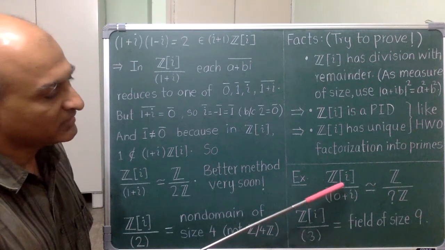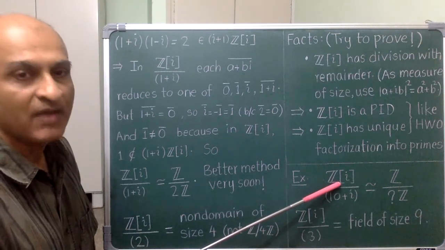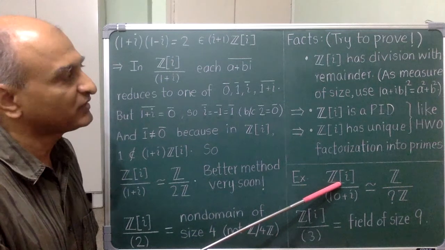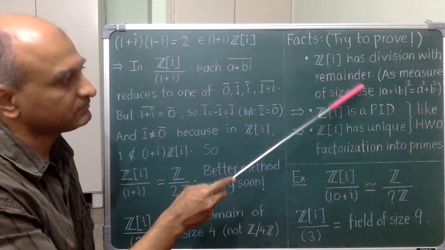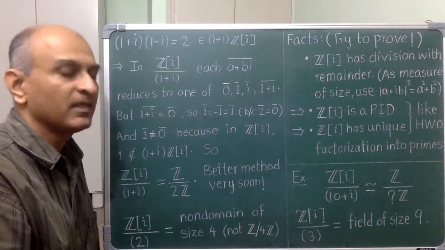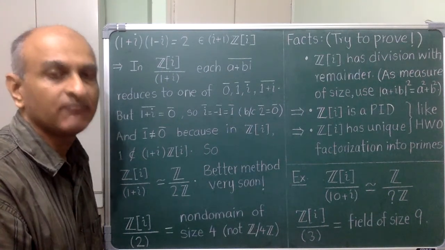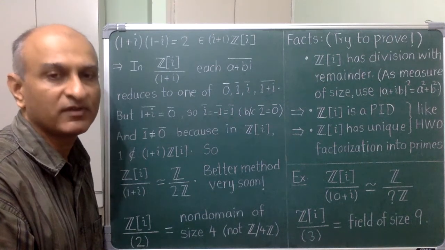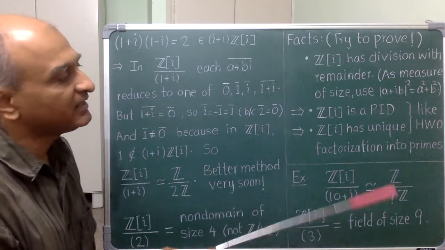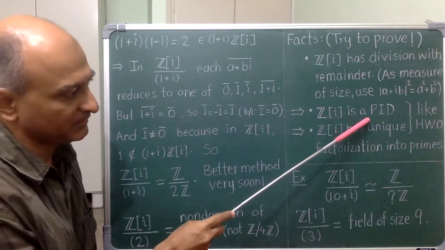However, for the ring of Gaussian integers, I am very lucky because for this ring, I have division with remainder. And therefore, just like for integers and for the ring of polynomials in one variable over a field, every ideal in this ring is principal.